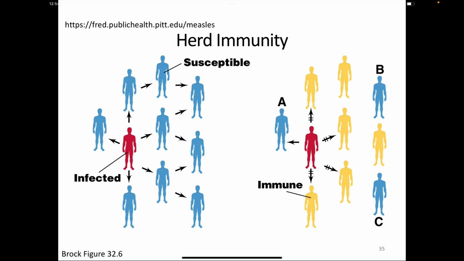The thing, of course, that we have to realize is there are some people who are immunocompromised, like my dad, who need our help in getting protected. And in fact, as we're treating more and more people with cyclosporin, and more and more people with these cytokine blockades and things like that, the number of immunocompromised people in the world is increasing. There are also people who can't get immunized for other reasons.